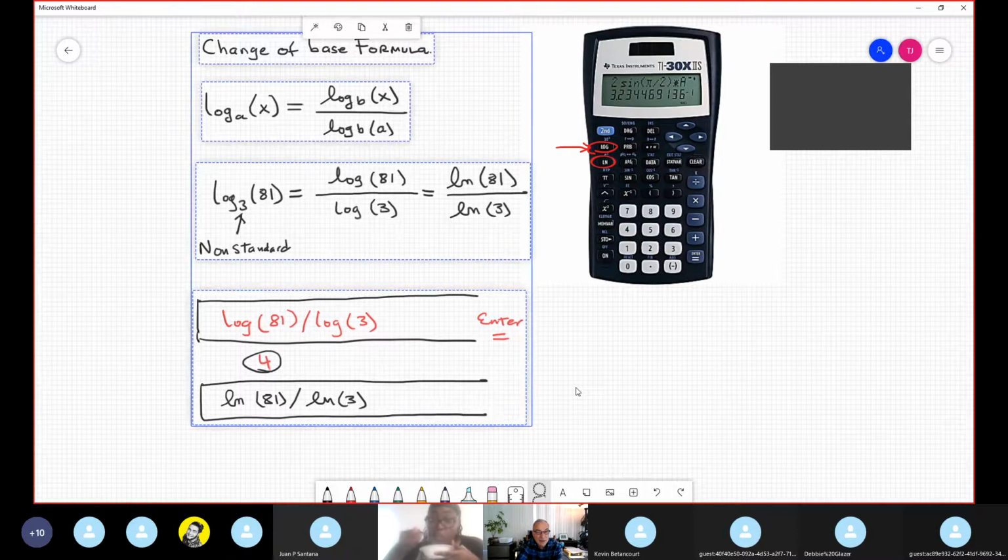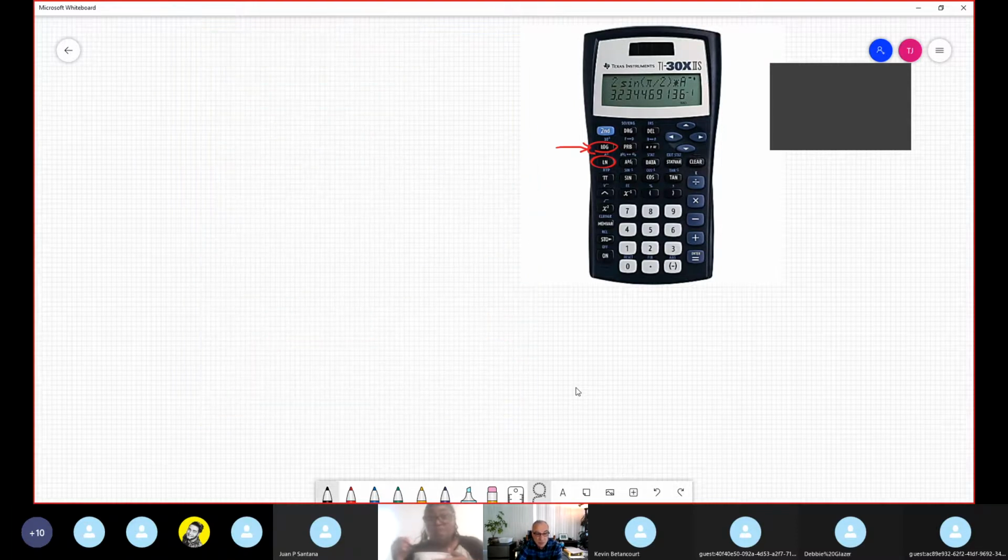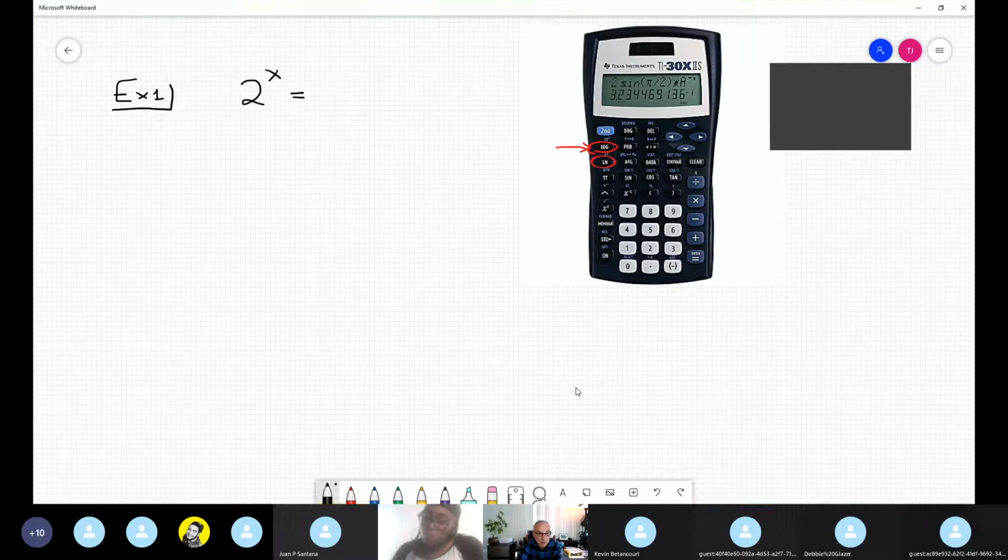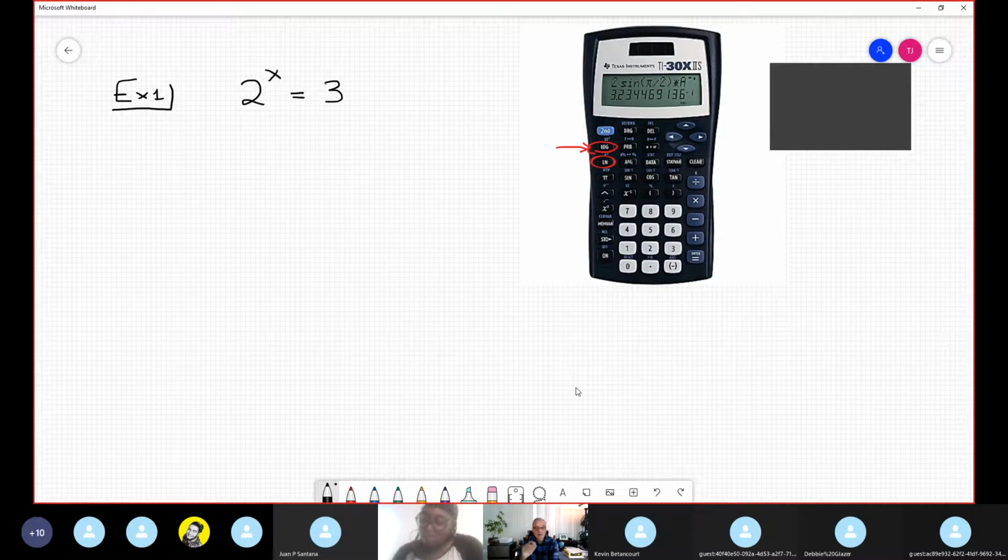Suppose the classical example, this is example one, using it as a motivation example: 2 to the x power equals 3. This is the classical example in which you cannot express both sides using the same base.